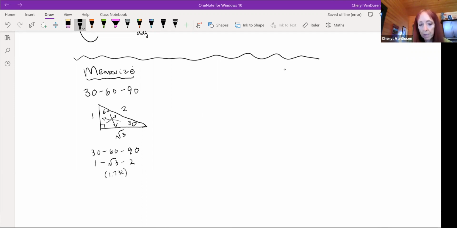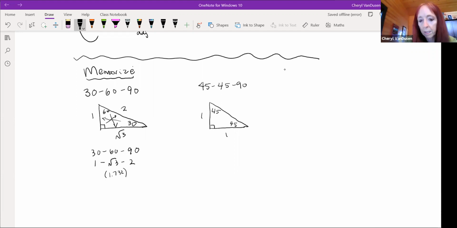It takes a little bit of time to memorize that, but you need to have that kind of in your back pocket. The second one that you need to memorize that is really quite helpful is a 45, 45, 90 triangle. So draw yourself another right triangle. Each of these angles are the same, so it's an isosceles triangle.